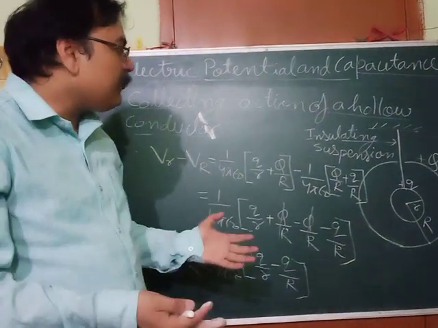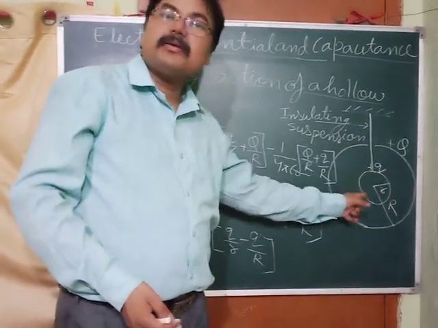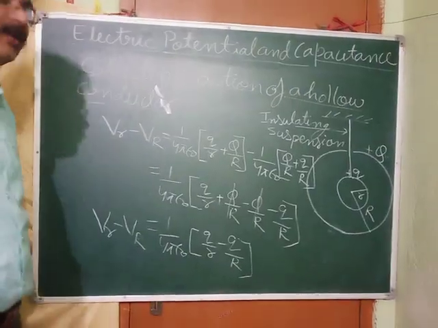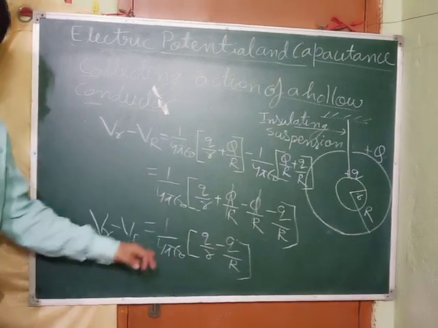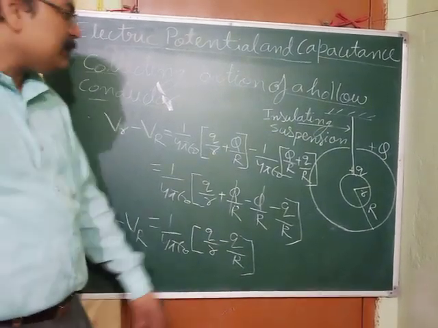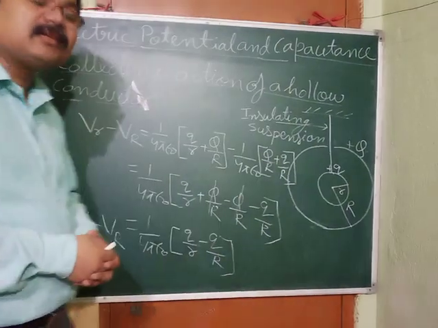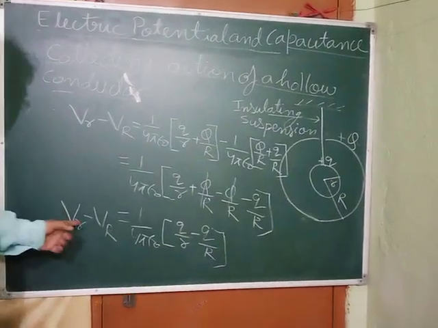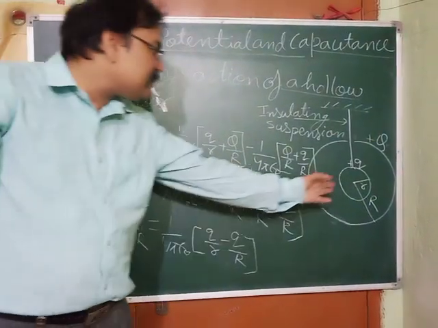The potential difference is always due to the charge present on the inner, smaller spherical cell. As the potential difference is positive, the smaller spherical cell is at the higher potential, because we found VR minus V capital R.